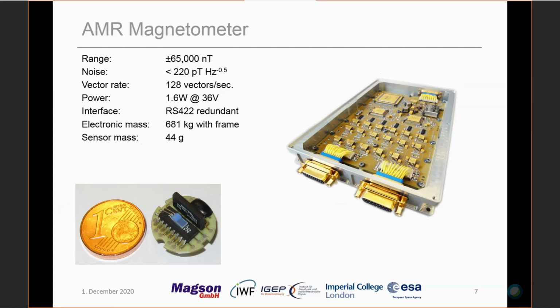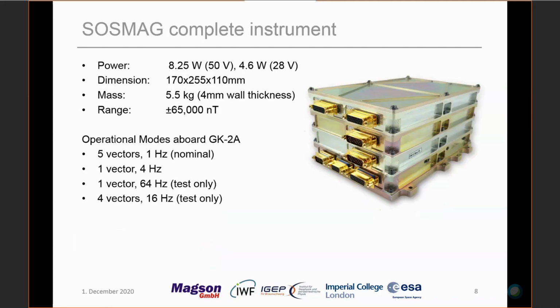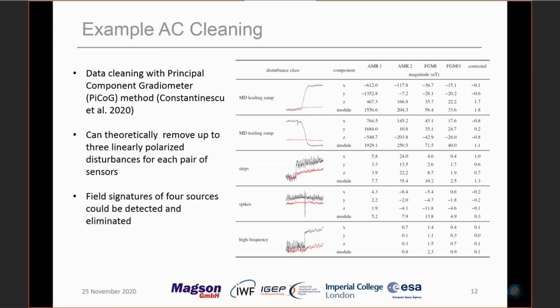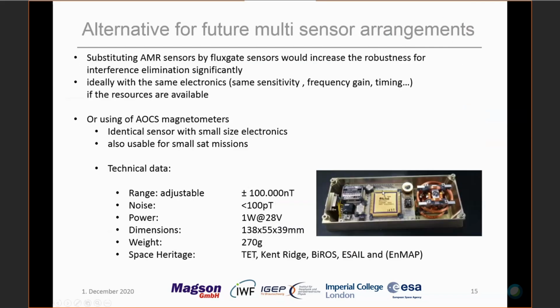So for the data correction, the perfect solution is to use really 4 identical fluxgate electronics, and only if you do not have the resources, or you use this hardware on a small satellite, is it useful to use this small AOCS magnetometer. Okay, thank you.